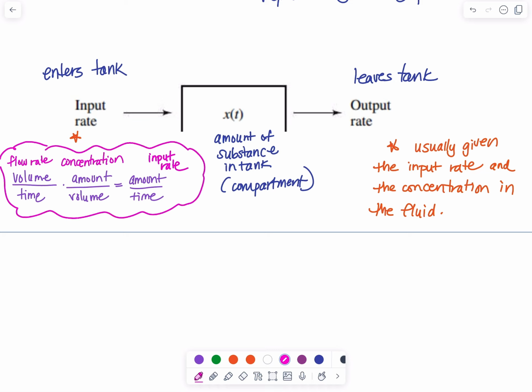Now the output rate is a little bit more difficult to determine.